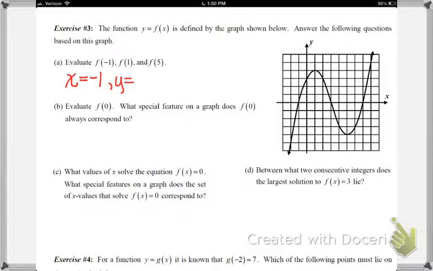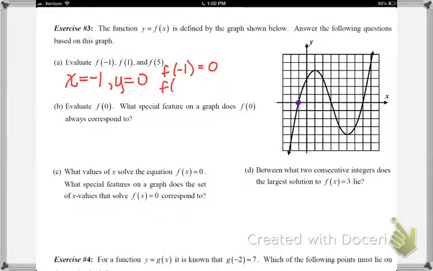So where x is equal to -1, that's our point. What is my value for y there? We can see my y value will be 0. So y will be 0. So f of -1 will equal 0.